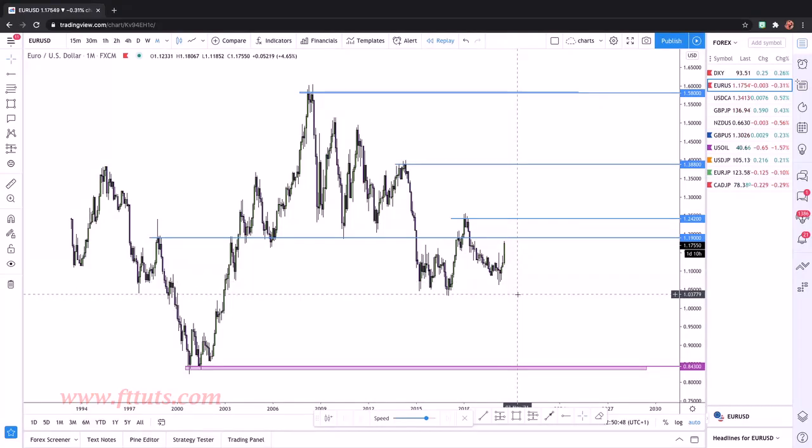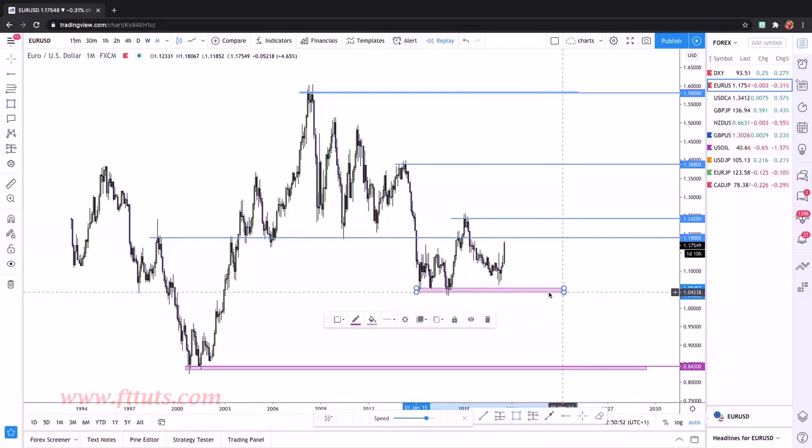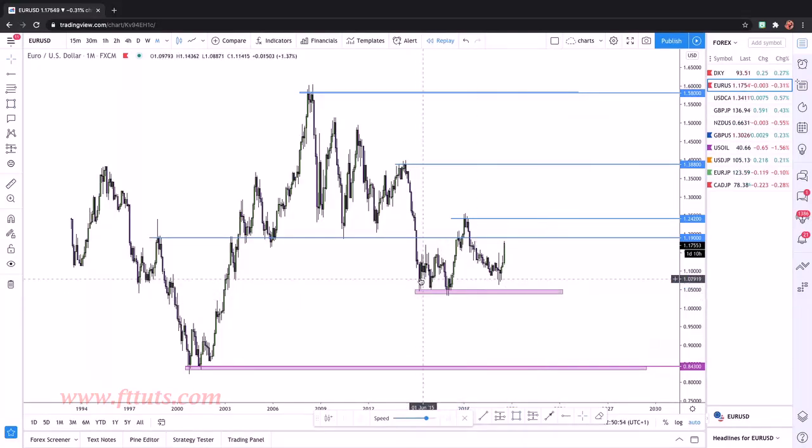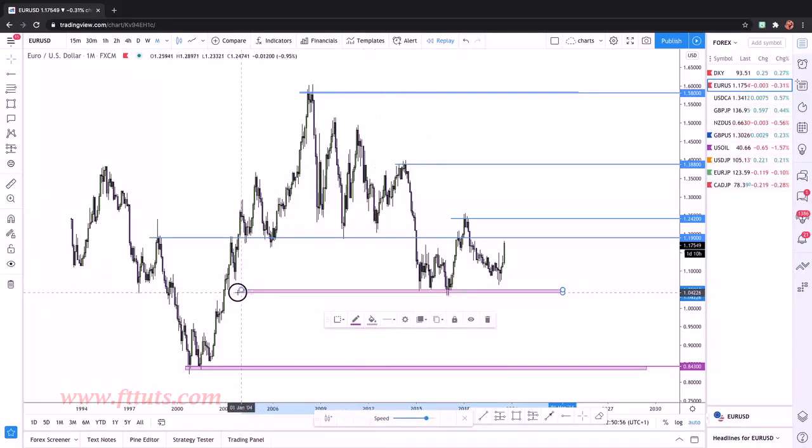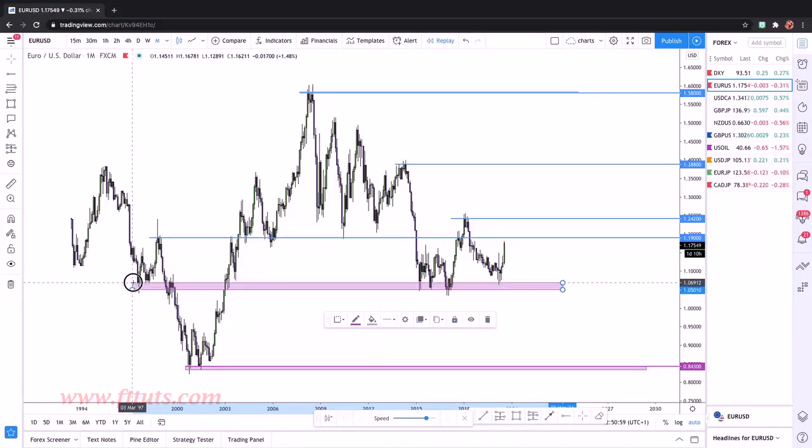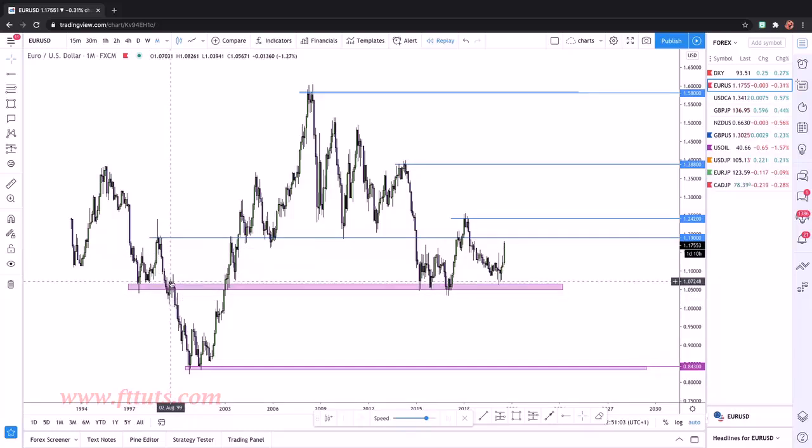So again, even if we were at this support here, we can just extend it and see what's happening. Price tested twice, broke, tested, then a successful break, then came up, tested this level, then went up, tested, then tested once more, and now it's correcting from that level.